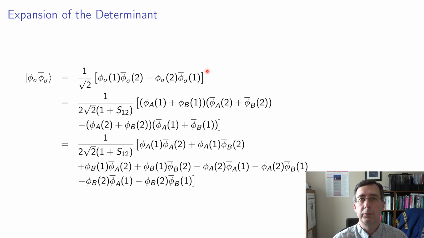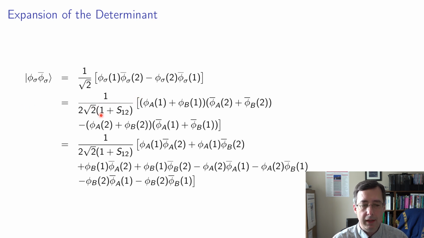Now what I'm going to do is plug in the formulas I had earlier for phi sigma and phi sigma bar, and here I'll use restricted orbitals, so those are actually going to be the same spatially. And what do I get?